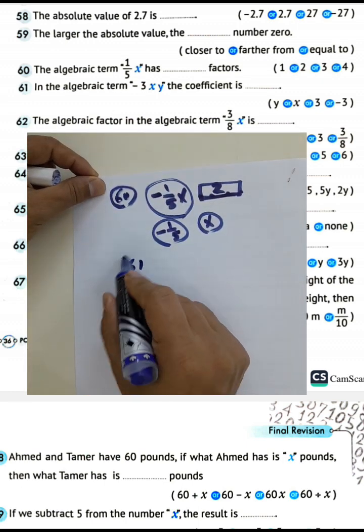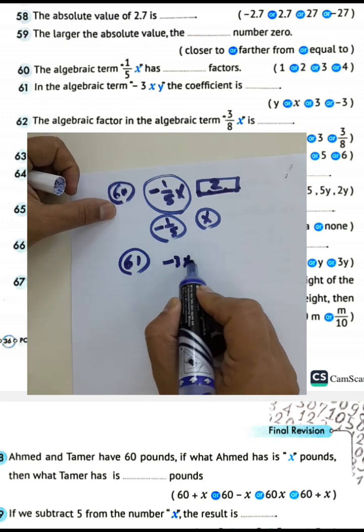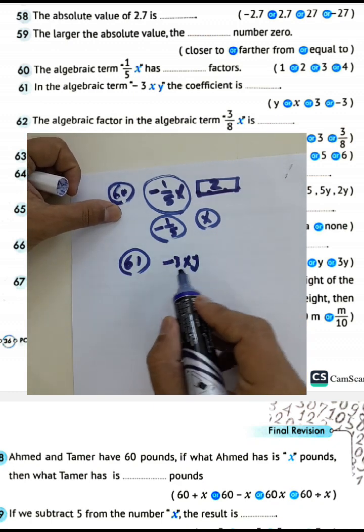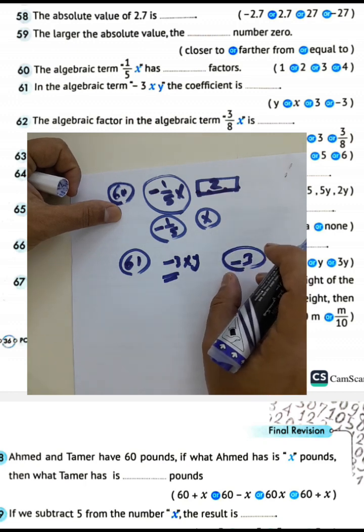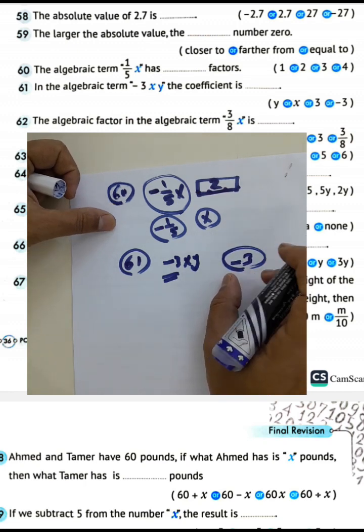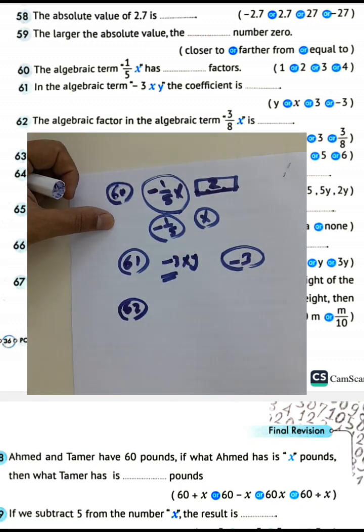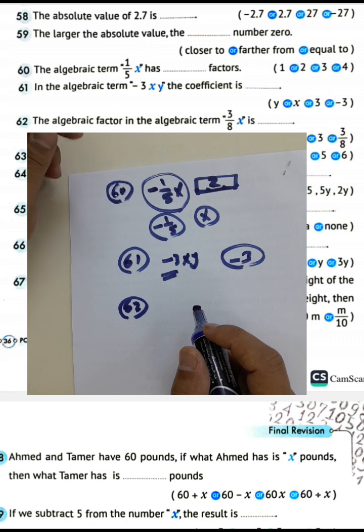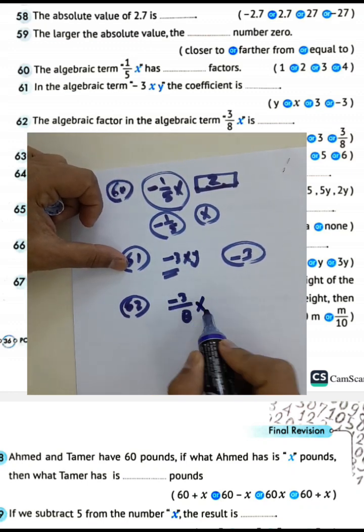Question 61. In the algebraic term negative 3xy, the coefficient will be negative 3. Negative 3 is called the coefficient. Question 62. The algebraic factor in the algebraic term negative 3 over 8x is space.